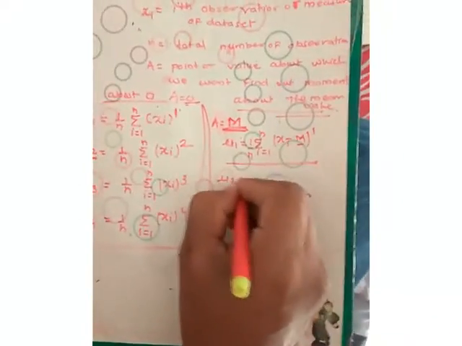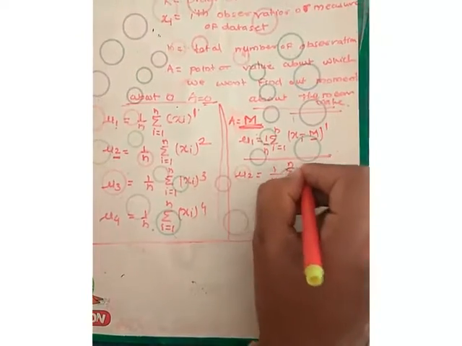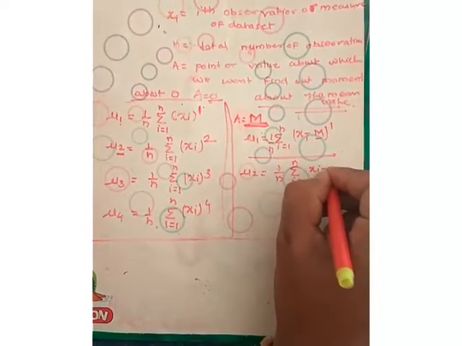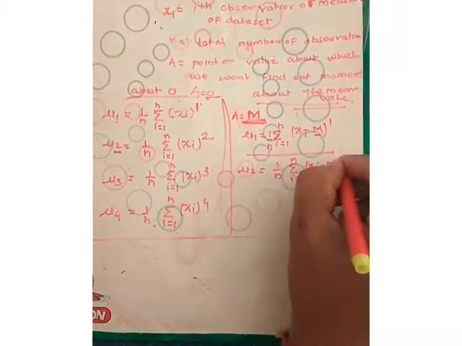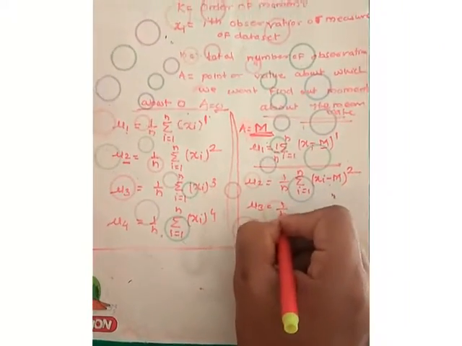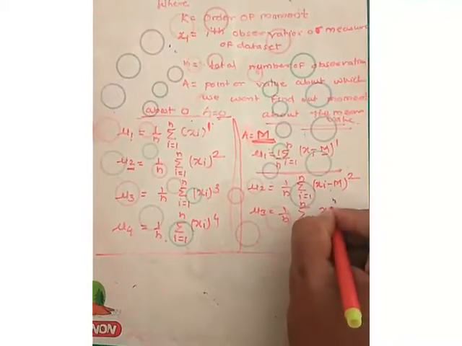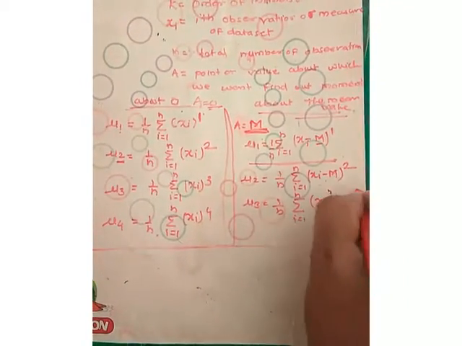The next one becomes 1 upon n, the summation of i from 1 to n of xi minus m raised to the power 2, because it is the second order. The third one is 1 upon n, the summation of i from 1 to n of xi minus m raised to the power 3.